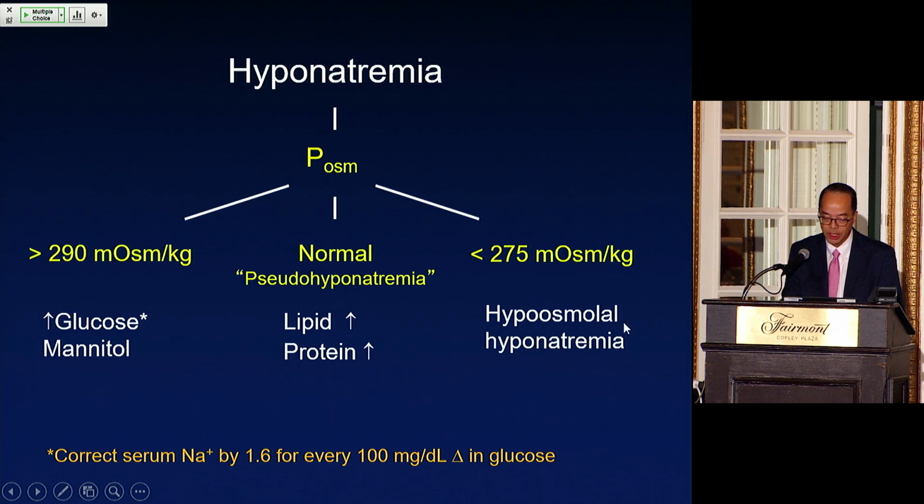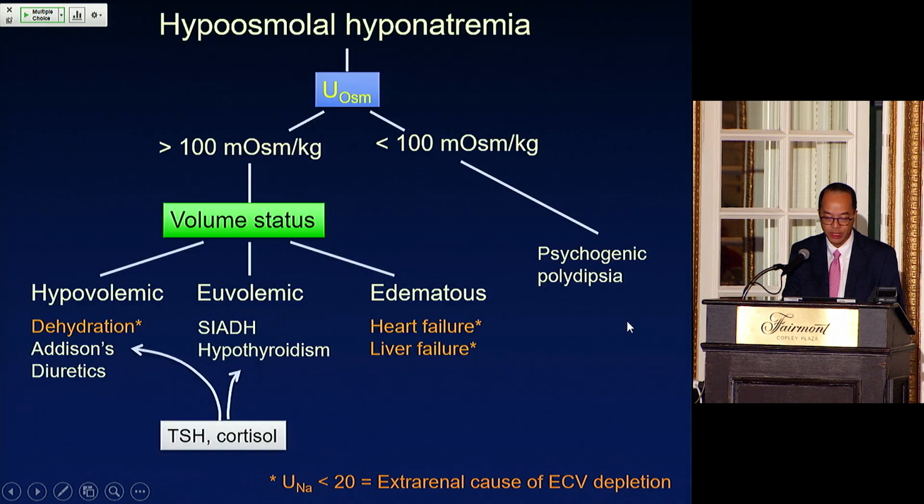So for these patients that have hypoosmolar hyponatremia, the next question is, have they appropriately suppressed ADH and maximally diluted their urine? Maximally diluting the urine here means reducing it to less than 100, something that we should all be able to do. There's a common misconception that the maximally diluted urine is one that's less than the osmolality of plasma, and that's not correct.